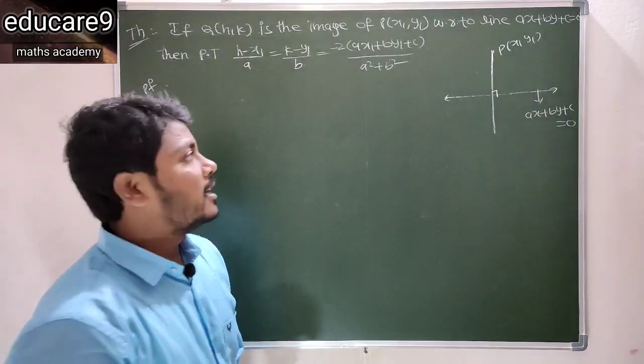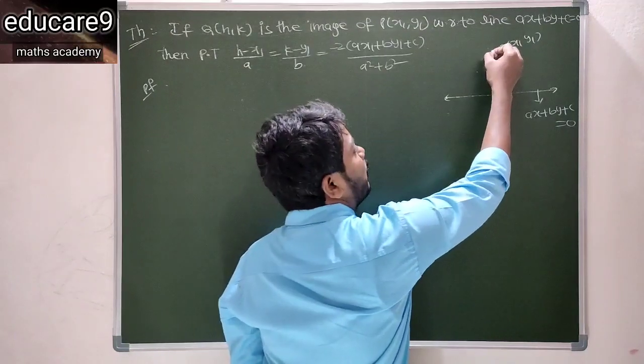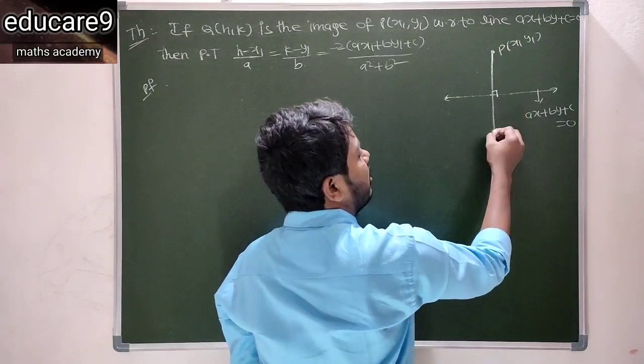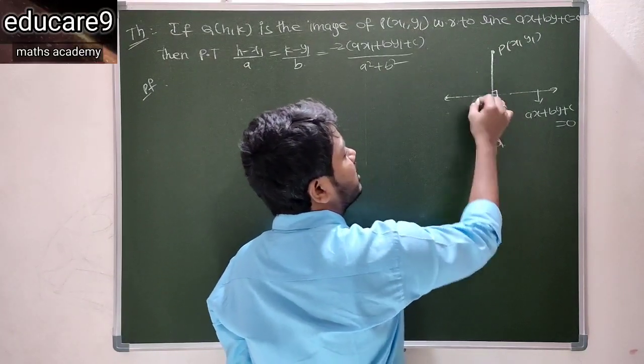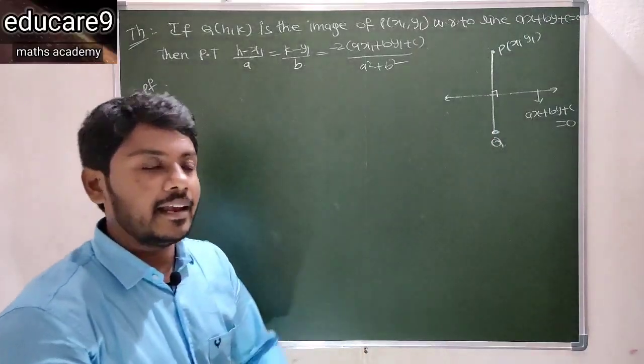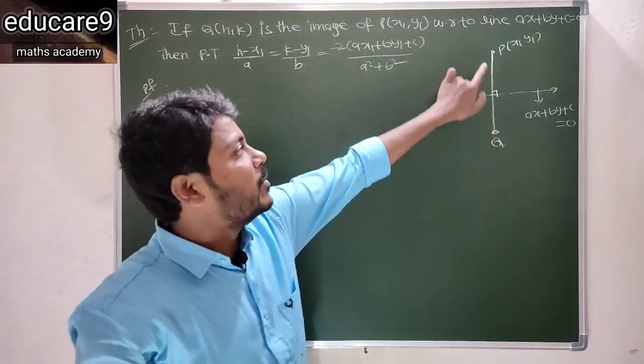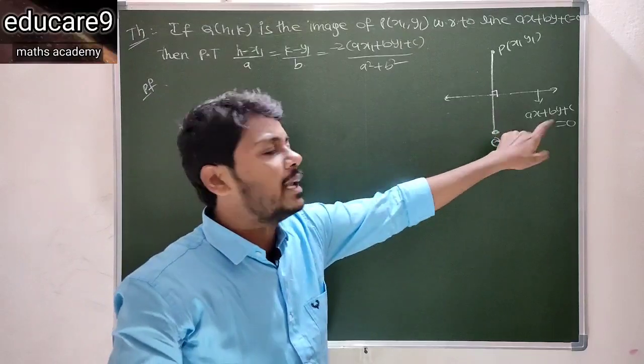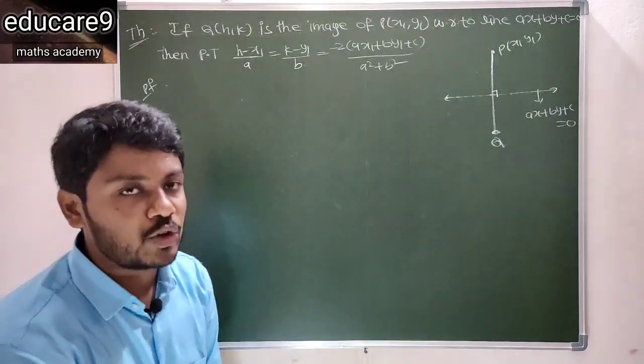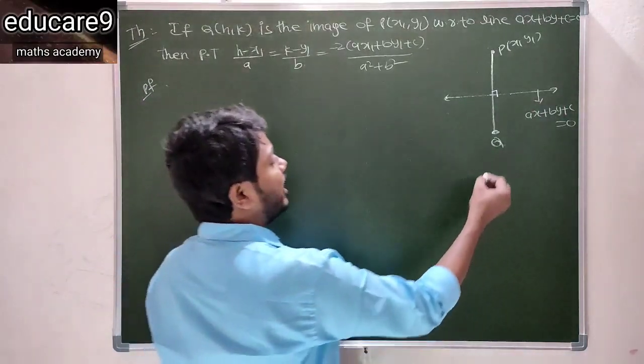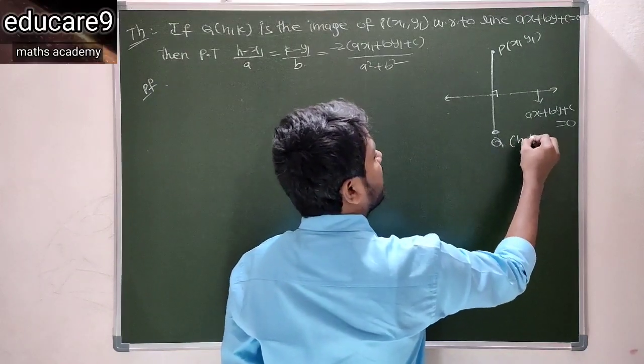So clearly the distance from P to this line and from this point Q to this line are equal. Then this Q is called the image of P with respect to the line ax plus by plus c equals 0. So clearly that point is given as (h, k).